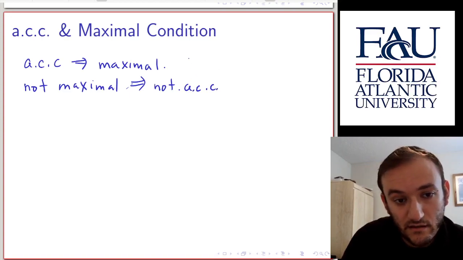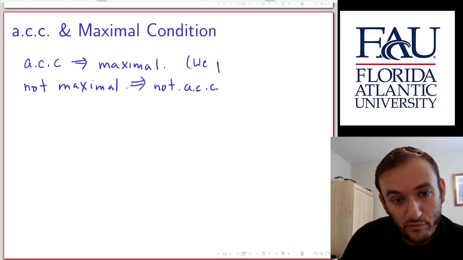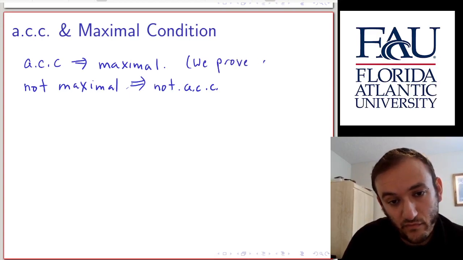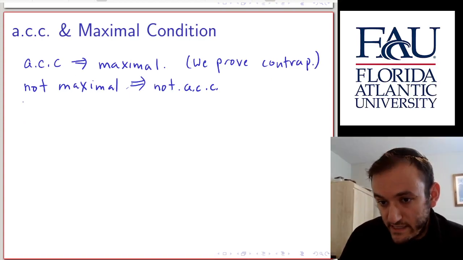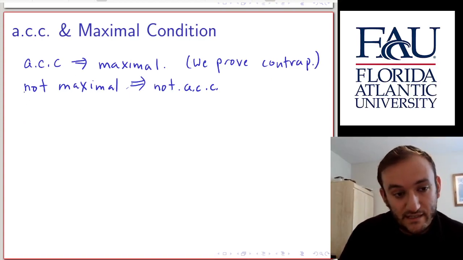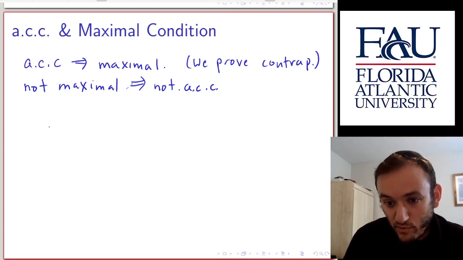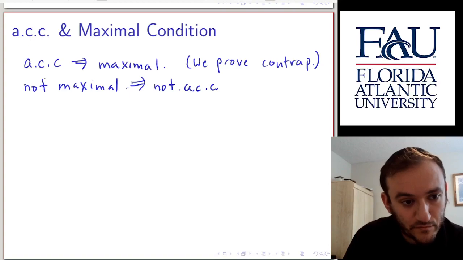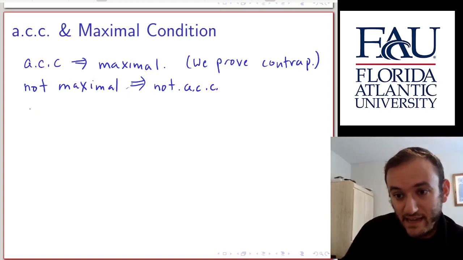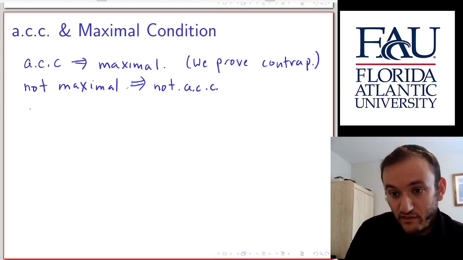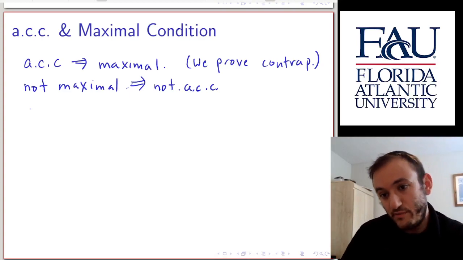So if a subset of sigma does not have the maximal property, meaning that there's no maximal element in that subset, then we can choose one element after another, which is greater than the previous element we chose, but which is not itself maximal.